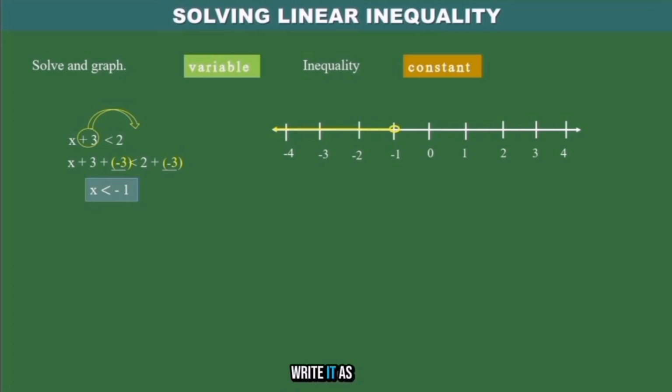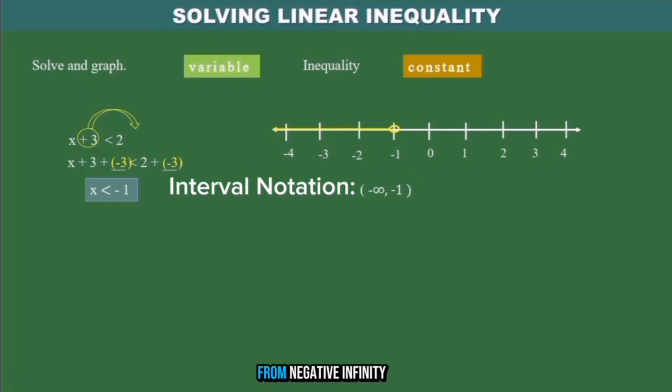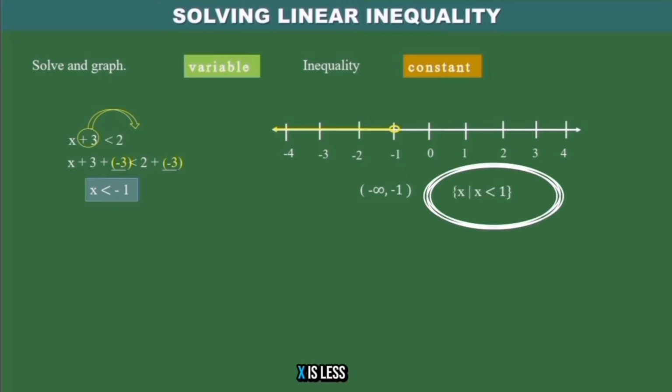We can also write it as from negative infinity to negative 1. But take note, negative 1 is using the parenthesis. It means negative 1 is not part of the solution. And now we may write the set notation as the set of all x such that x is less than negative 1.